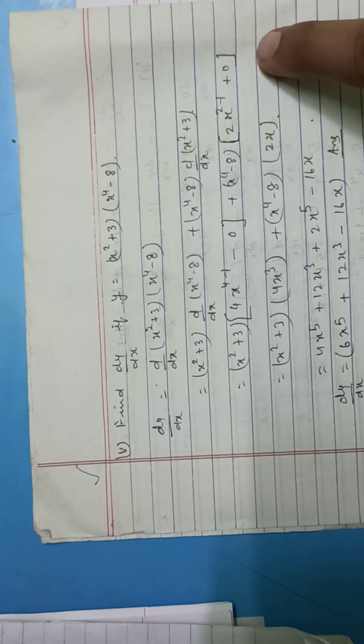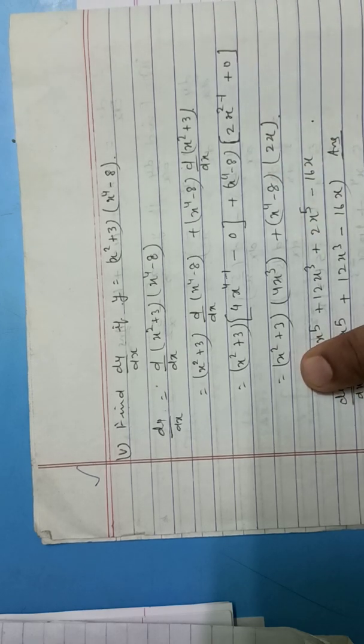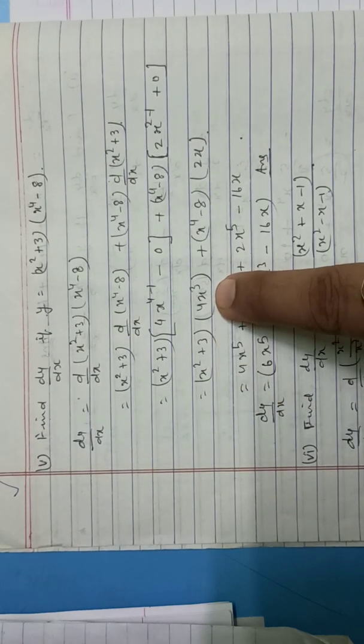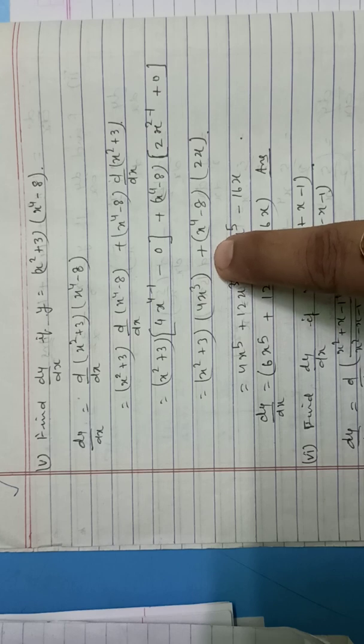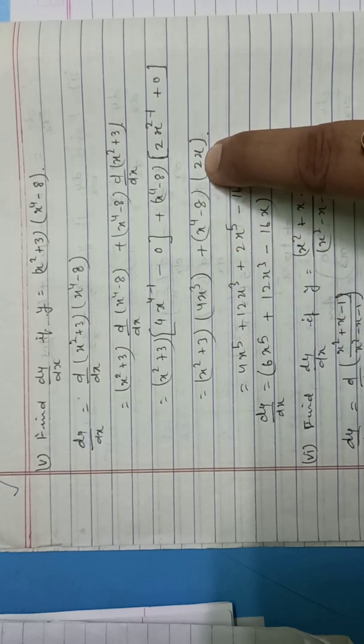The differential of any constant is equal to 0. Therefore we have the remaining term (x square plus 3) into 4x cube plus (x to the power 4 minus 8) into 2x.